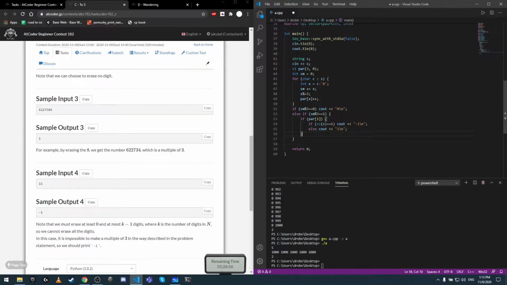And solve if we have some, and if we don't, then what do we check? If parity 2, so if we have some 2, if it's over 1, and size of s is over 2, since if we would delete 2, then if that's it basically, then we print 2, else it's impossible, and that's about it, right?